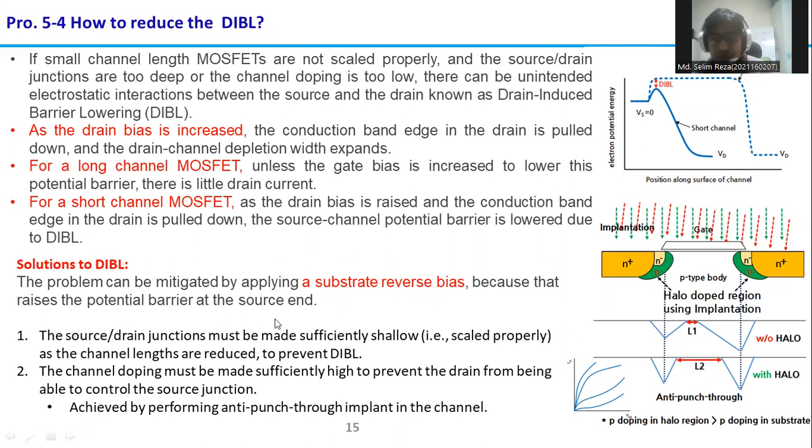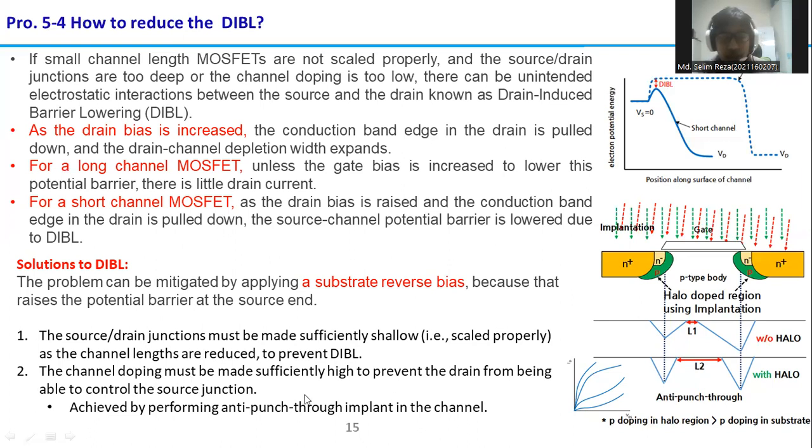So what is the solution? The problem can be mitigated by applying a substrate reverse bias, because with that reverse bias the potential barrier will be raised into the source and drain. The source and drain junctions should be sufficiently shallow, that means scaled properly as the channel length is reduced, to prevent DIBL.